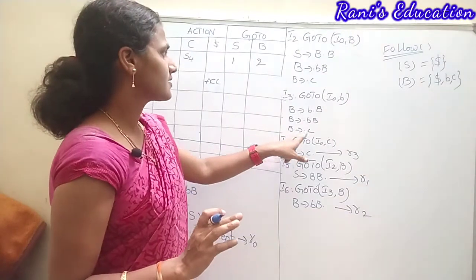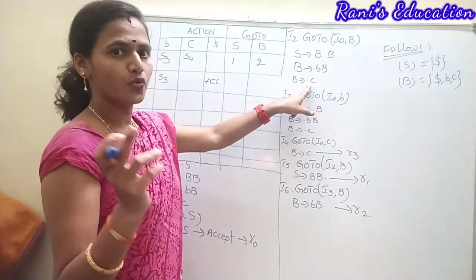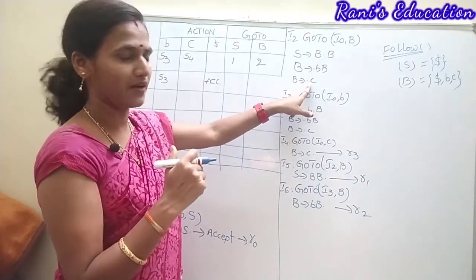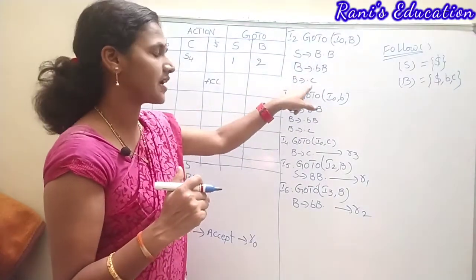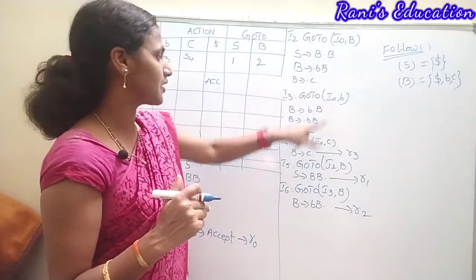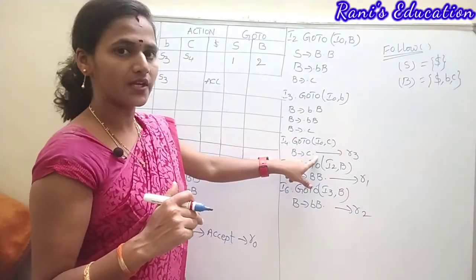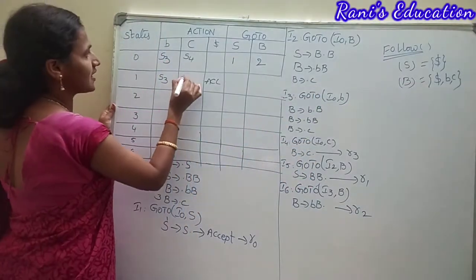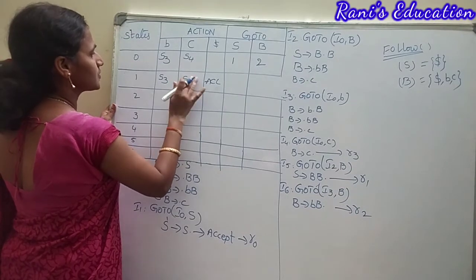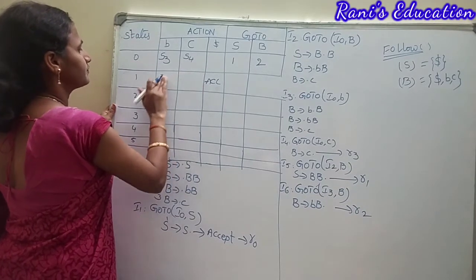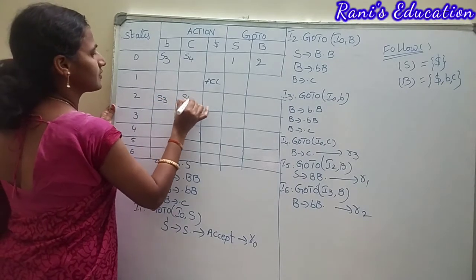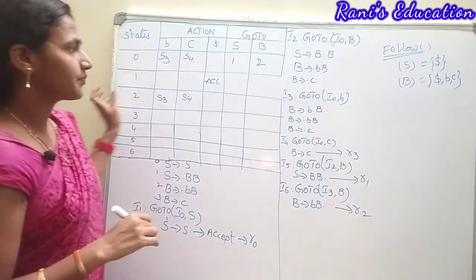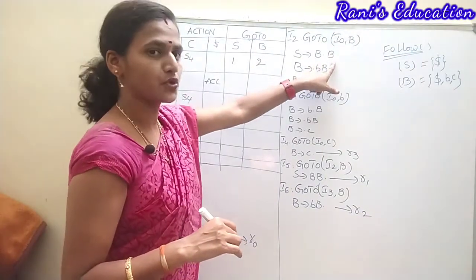Next, we still have one more production whose RHS starts with a terminal, right? Dot terminal is shifted to terminal dot in which item? That is, dot C is shifted to C dot in the fourth item. So under terminal C, for the second item, you are going to write S3, S4.